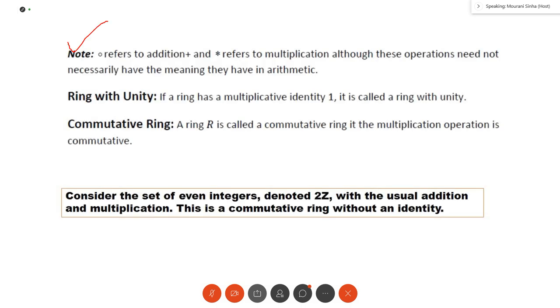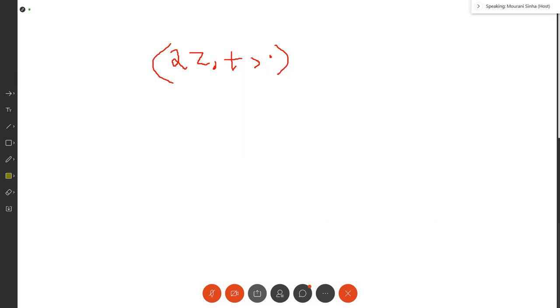They are saying that consider the set of even integers denoted by 2Z with the usual addition and multiplication as the two operations. This is a commutative ring without an identity. Actually, I told you the answer. We will now prove it. So this is a commutative ring without identity.